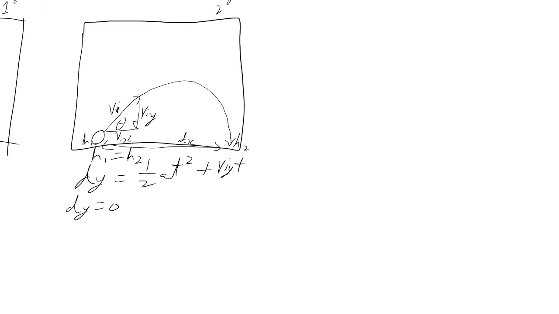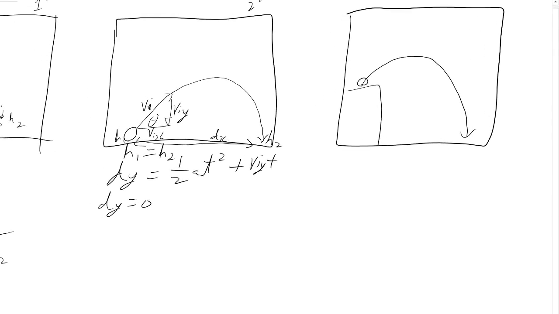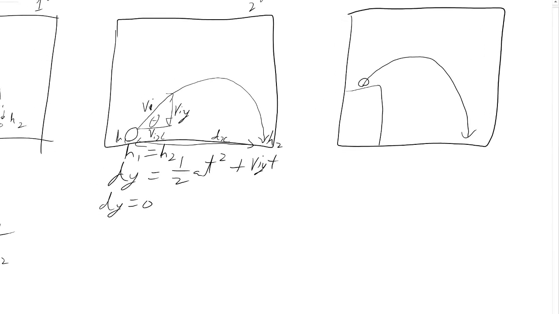Now the third degree of projectile motion question. There's an elevated platform and the object lands at another height than where it starts. This can also be the other way, like an object starts up here and then lands down there, but it's usually this way.